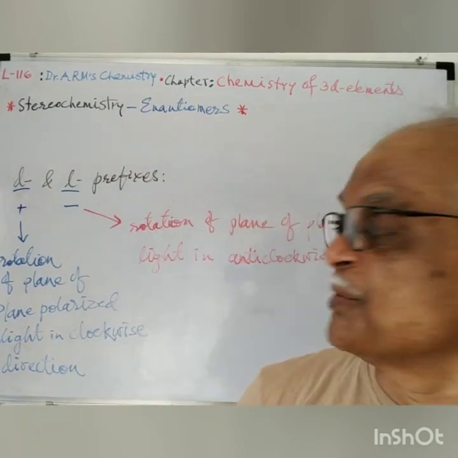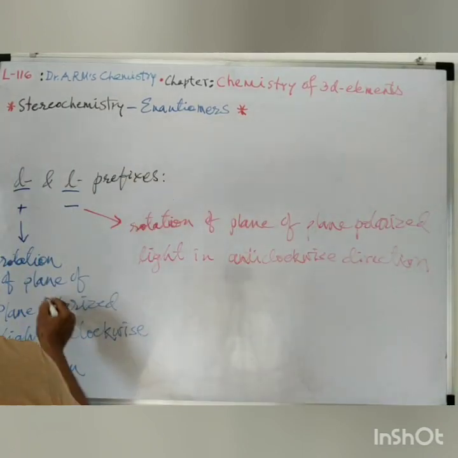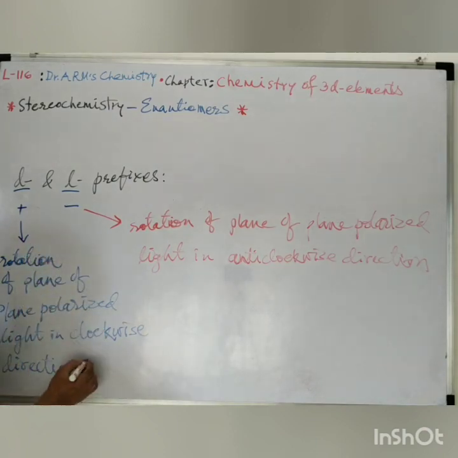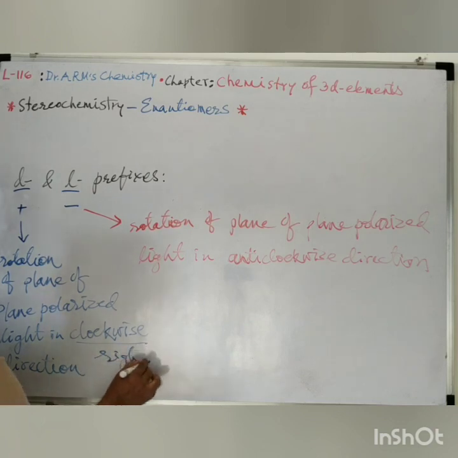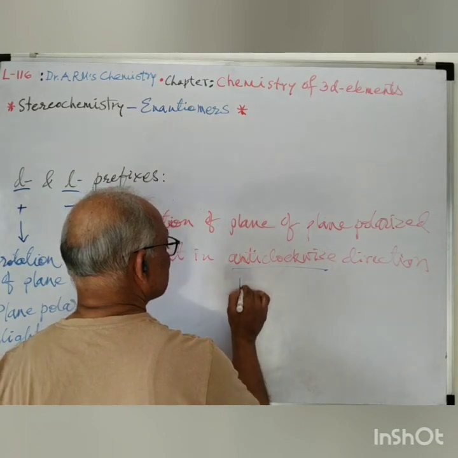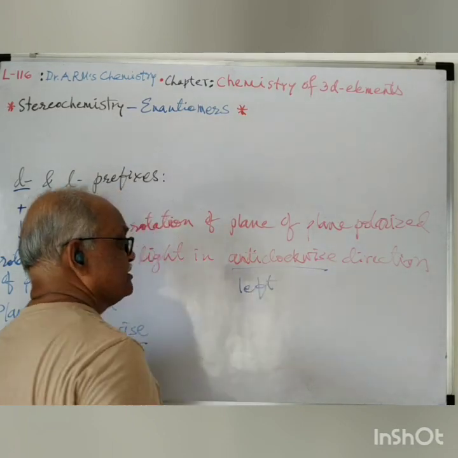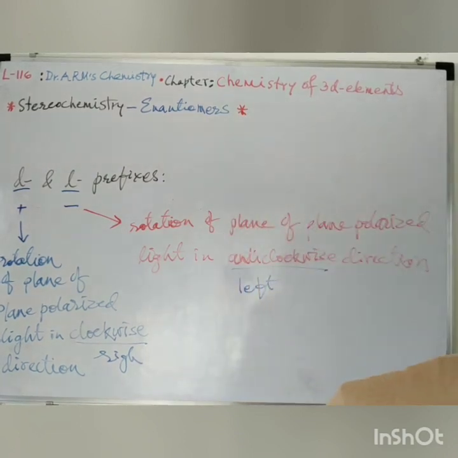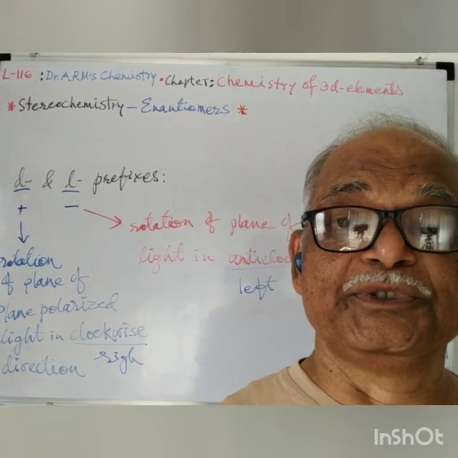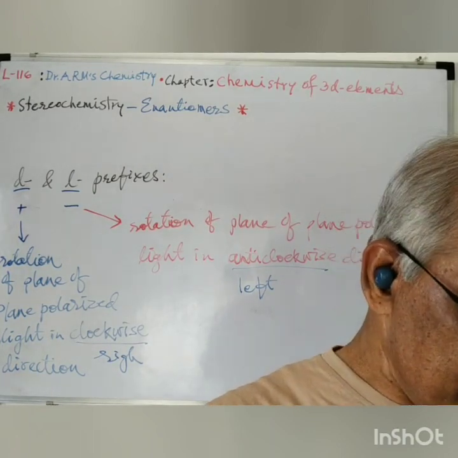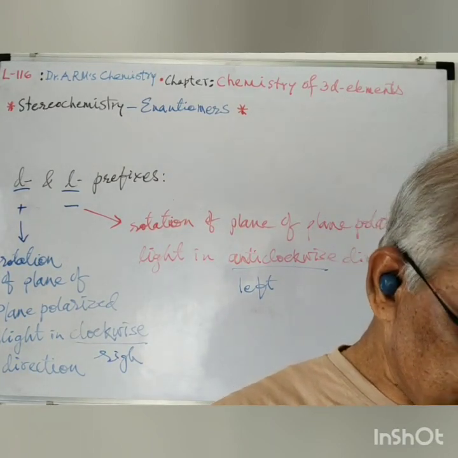In other words, this rotation is towards the right, and this anti-clockwise is towards the left. These are conventions normally used to distinguish between the D and L isomers.